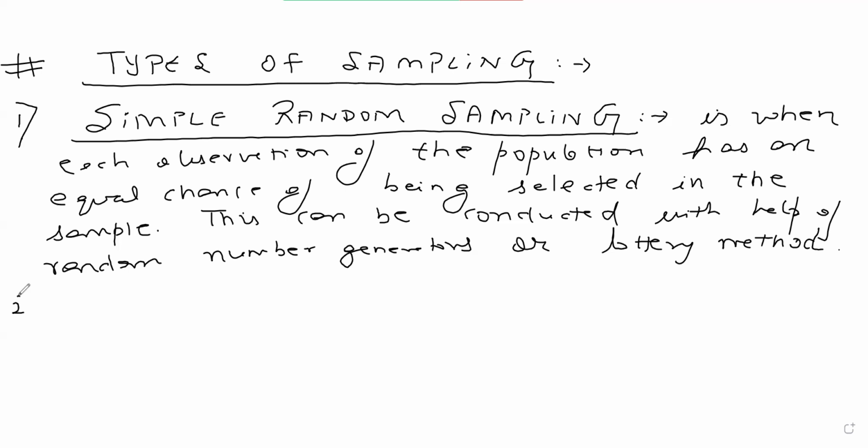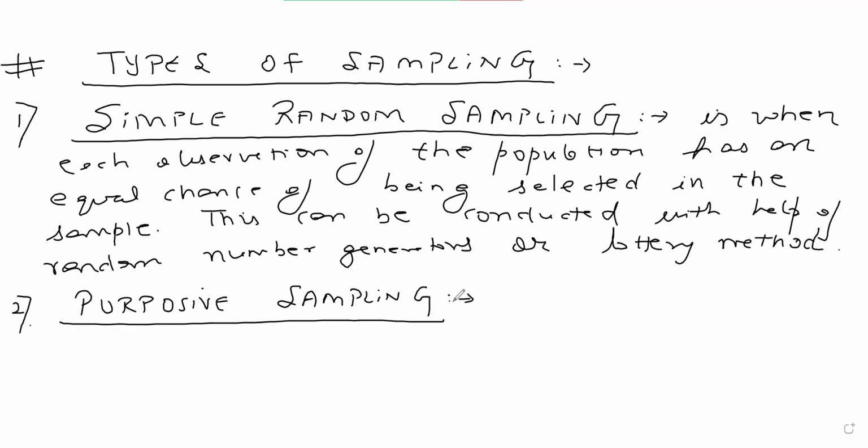Okay. Then we also have something called purposive sampling. I can say that purposive sampling is when sampling is done. So now there's a tinge of bias here.